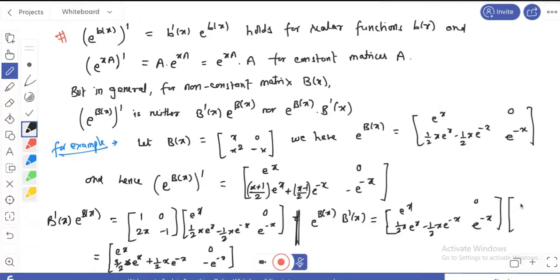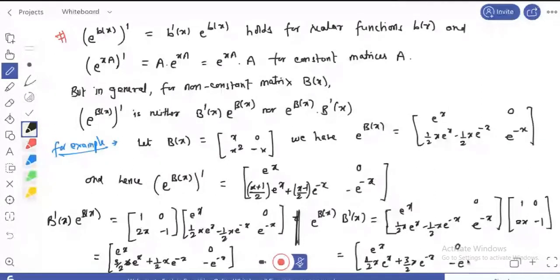B prime is 1, 0, 2x minus 1. So in that sense, if you multiply these two, you get e to the power x, and here 1 by 2x e to the power x plus 3 by 2x e to the power minus x, and here 0 minus e to the power minus x.